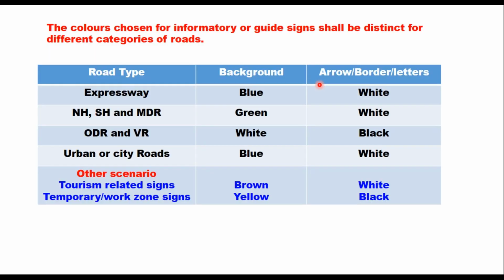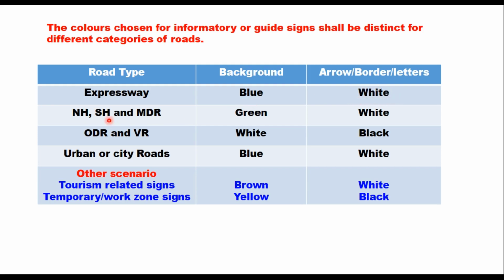The colors chosen for informatory or guide signs shall be distinct for different categories of roads, and IRC 67/2022 has suggested these colors for background and for letters. For expressway, the background is blue, whereas arrow, border or letters are white.